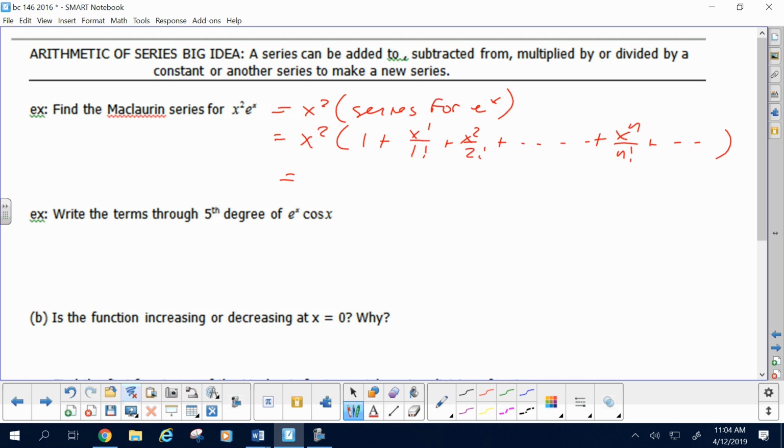So the series would be x squared plus x cubed over 1 factorial plus x to the fourth over 2 factorial. And what's a general term? x to the n plus 2 over n factorial. And wouldn't that be way better than taking all those derivatives?